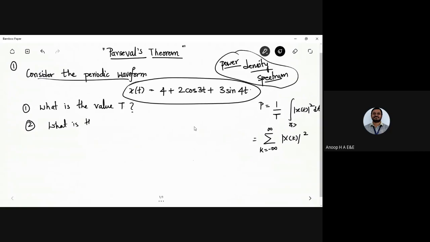Second, what is the total average power? Third, find the complex Fourier coefficients.